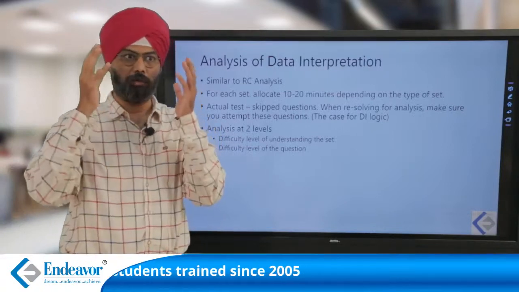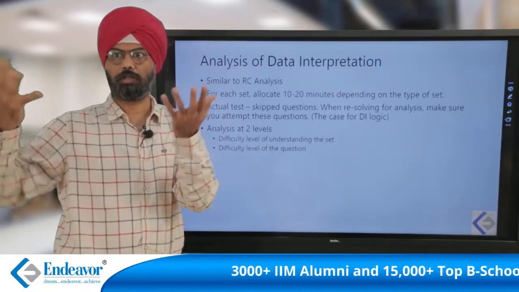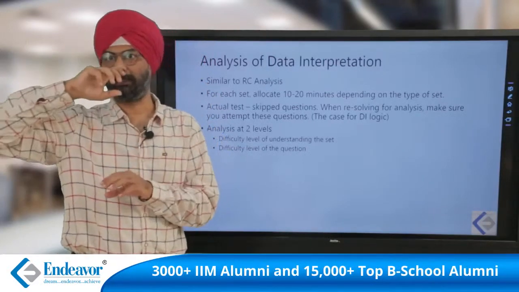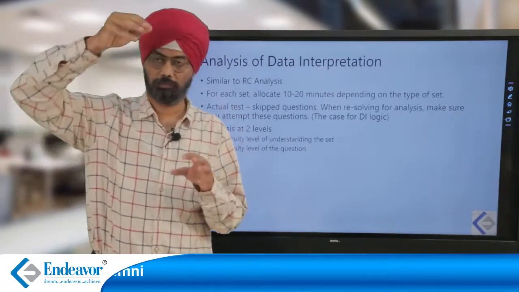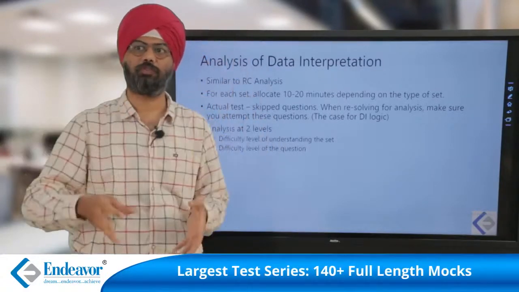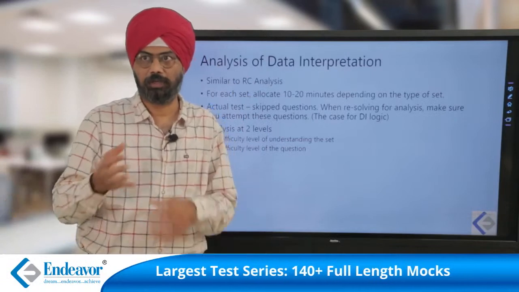So the complexity of the data set tells you whether it is easy, moderate, difficult. In contrast to RCs, here I can pretty much say that only after a certain amount of practice will you reach that level of confidence in DI where even if the set is too difficult, you will be able to identify one or two easy questions. It's not really possible.